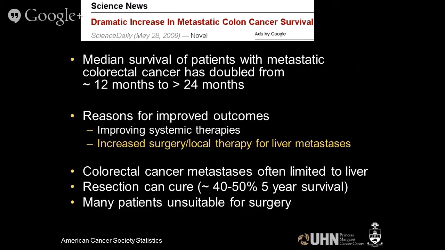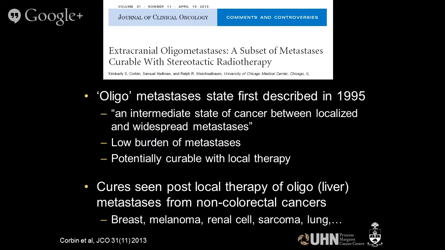Colorectal cancer metastases are cured in some patients with resection, 40 to 50% 5-year survival in most series. But many patients, again, end up with liver-confined disease, either refractory to surgery or other local therapies, or patients are unsuitable for surgery due to medical contraindications or surgical challenges.